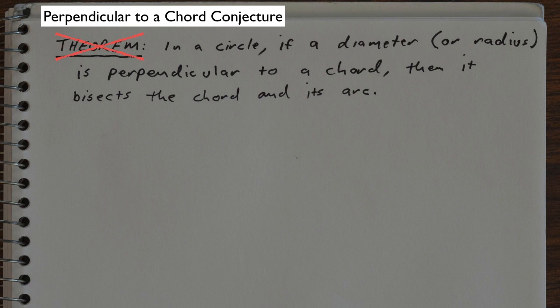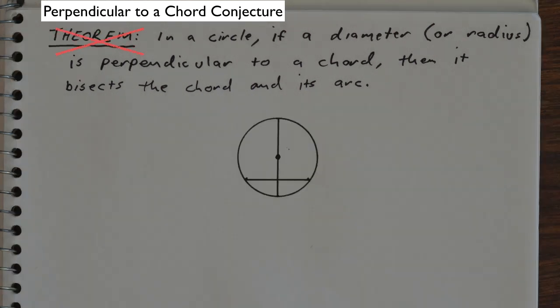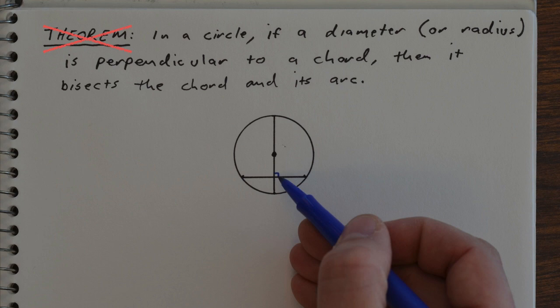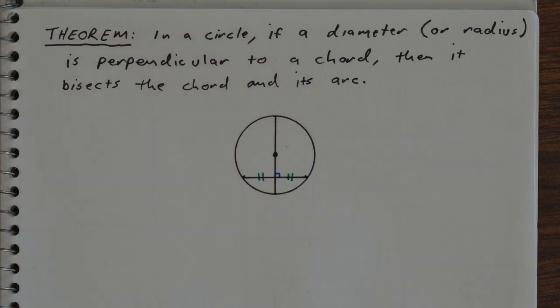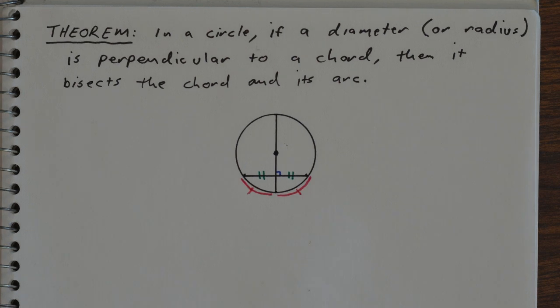In a circle, if a diameter or a radius is perpendicular to a chord, then it bisects the chord and the arc. So let's draw what we mean. We've got a diameter and a chord, and if the diameter and chord are perpendicular, then the chord is bisected and the arc is also bisected.